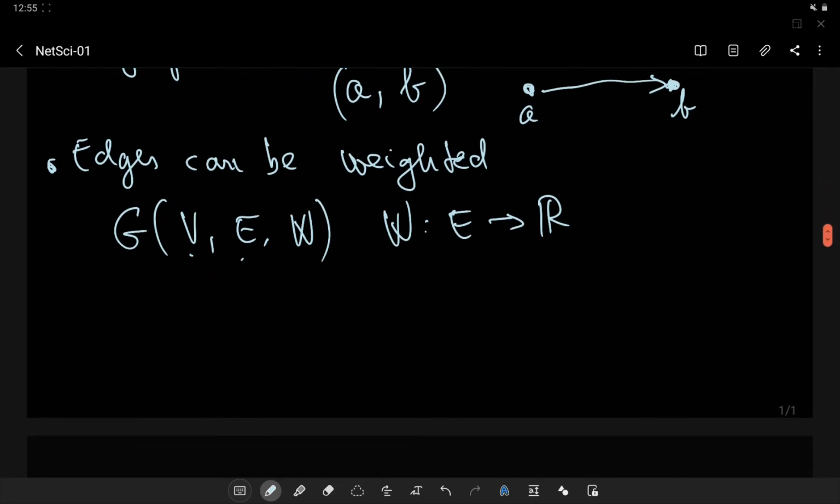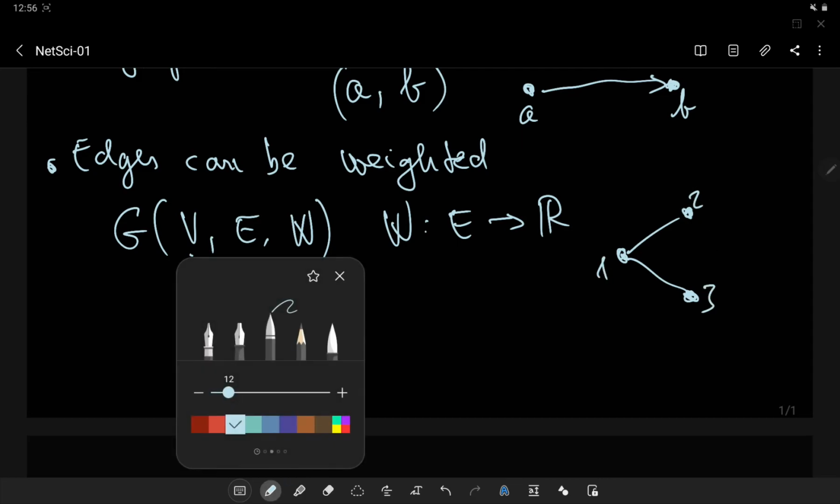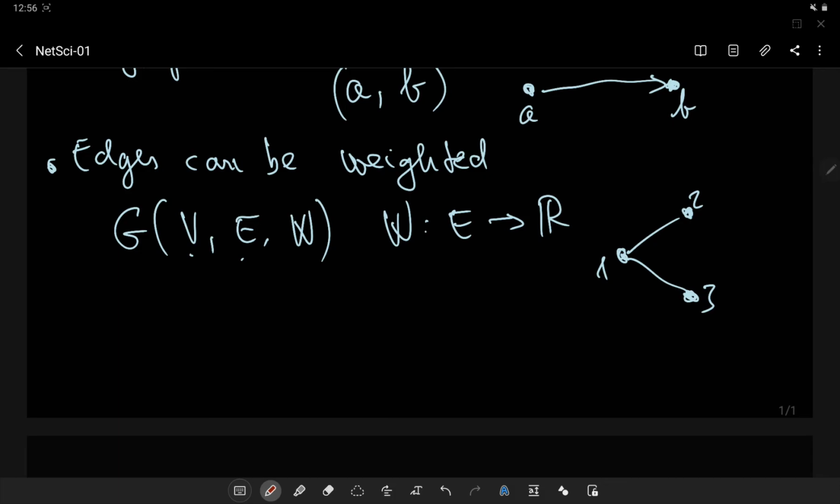Now as a small example, we can have nodes 1, 2 and 3, and let's say as weights I have here minus 5, and let's say this is minus 2.